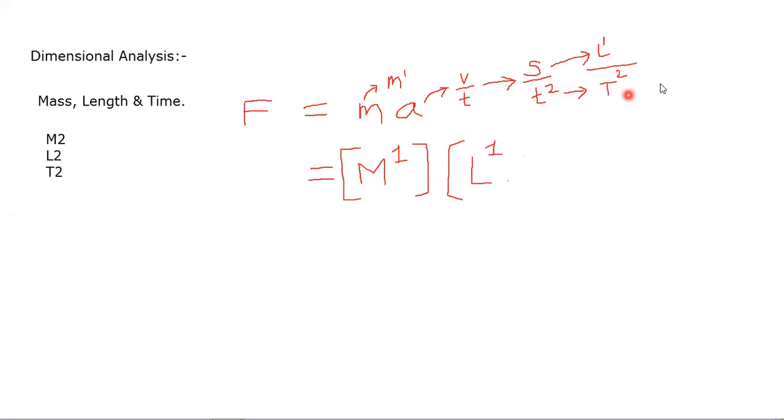So when this T square goes to the numerator, we can write it as T raised to power minus 2. Okay. So L1 multiplied by T raised to power minus 2. Now again, we multiply the square brackets, and finally we will get M1 L1 T raised to power minus 2.